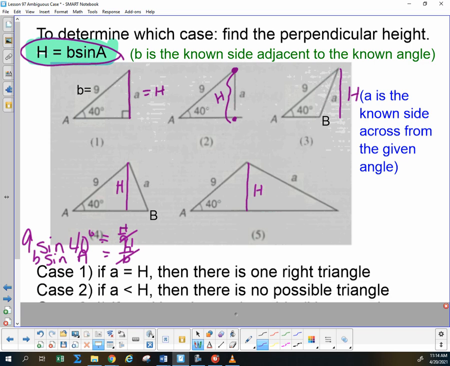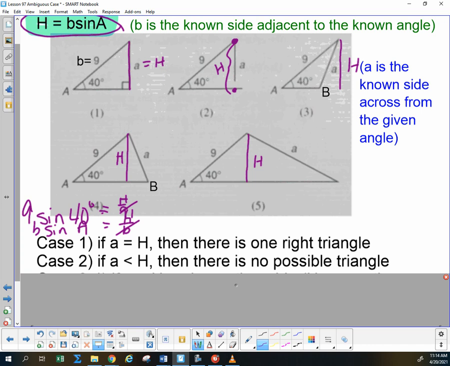And that's going to be your favorite one because then you're done with the work. There's no triangle exists. For the other 3, A has to be bigger than H. So it can't go straight down. If it went straight down, it would go below that bottom line of the triangle. So we've got to angle it to the left or the right to make it fit.